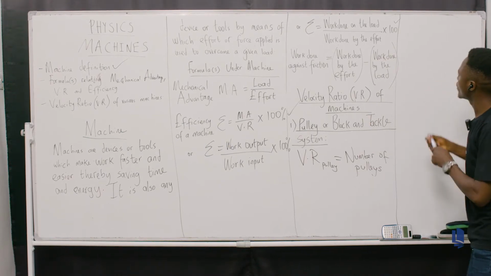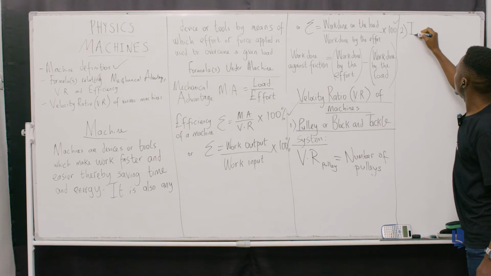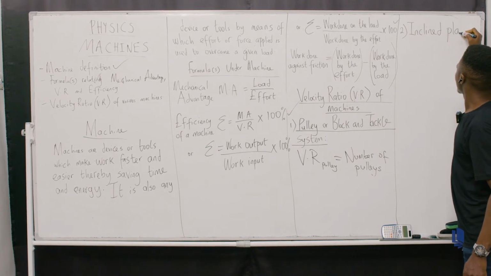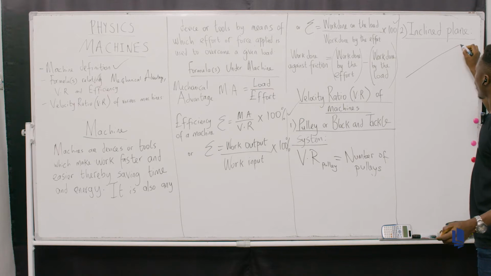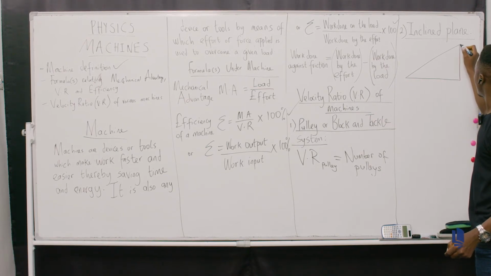Inclined plane now. This is what an inclined plane looks like. You have a slant line, then you have this.